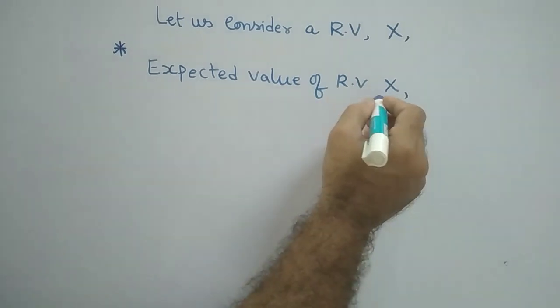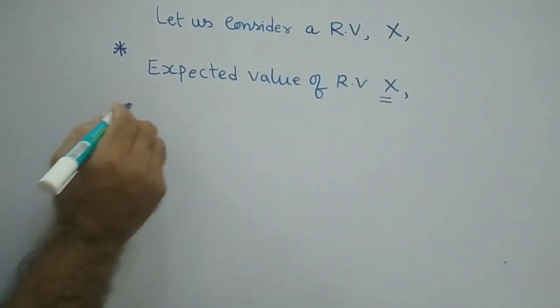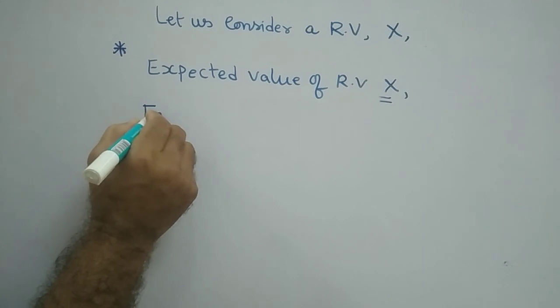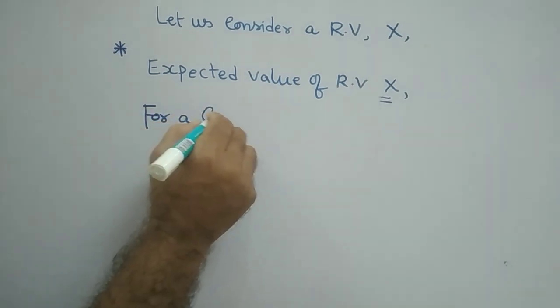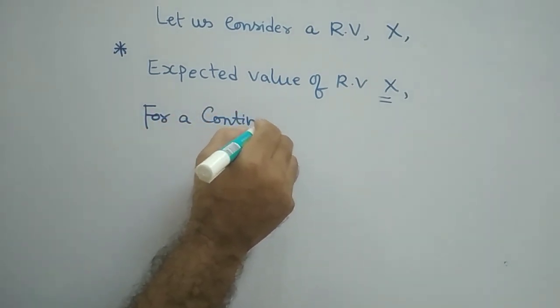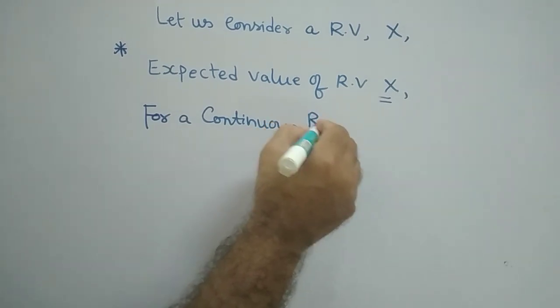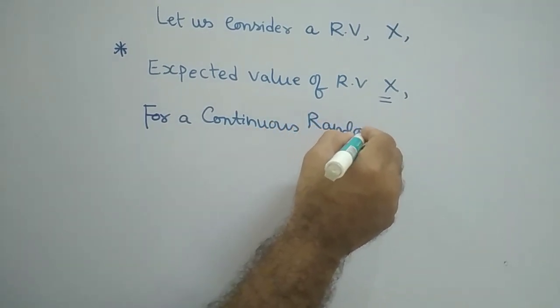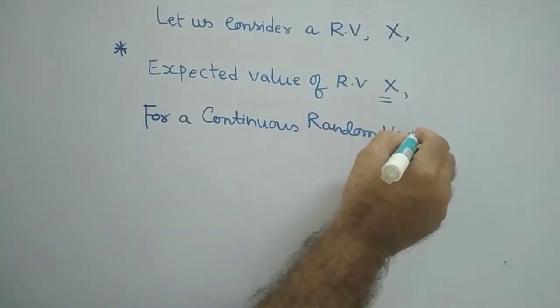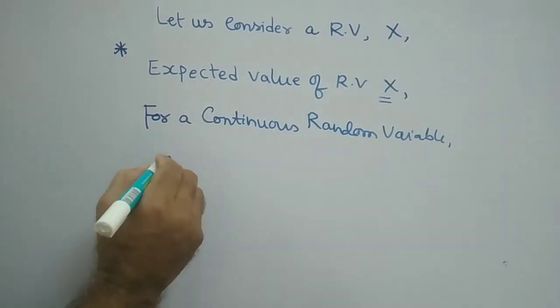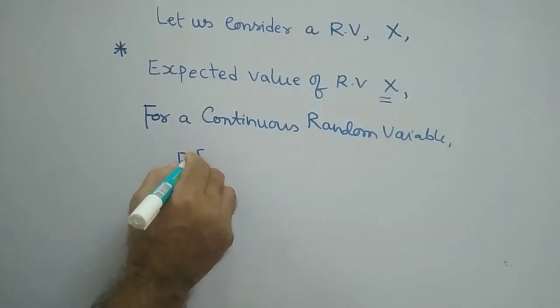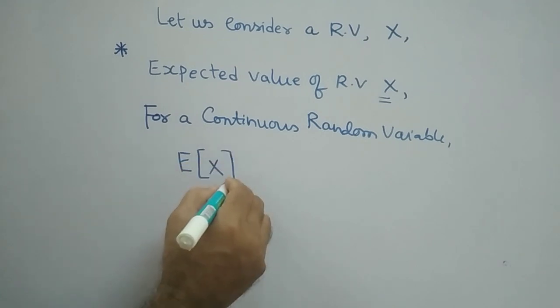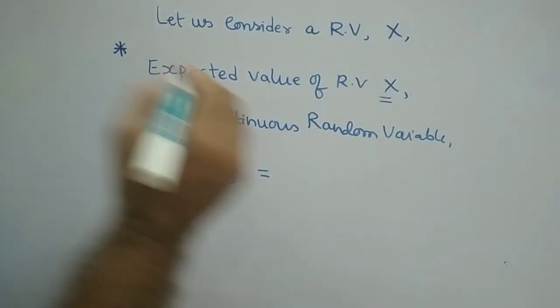If our random variable is a continuous random variable, what is the expected value? E of x can be given like this.